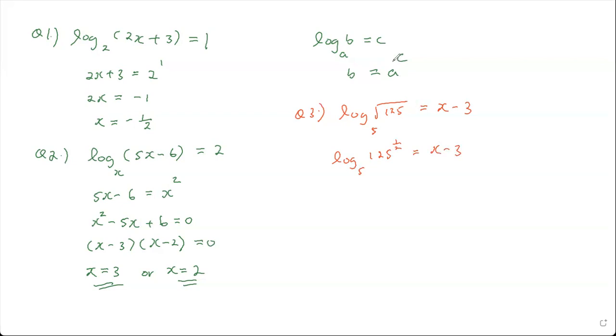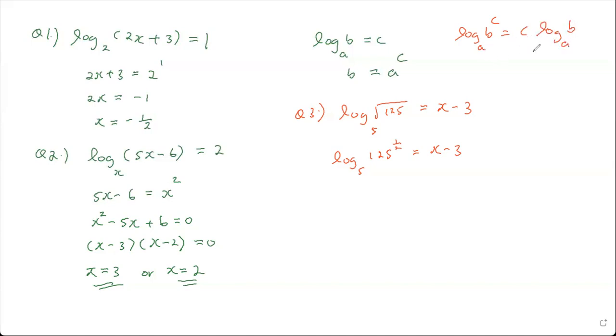Now there's a rule that I'm going to use here. So what is that rule? Log b to the power of c base a is equal to c times log b base a.